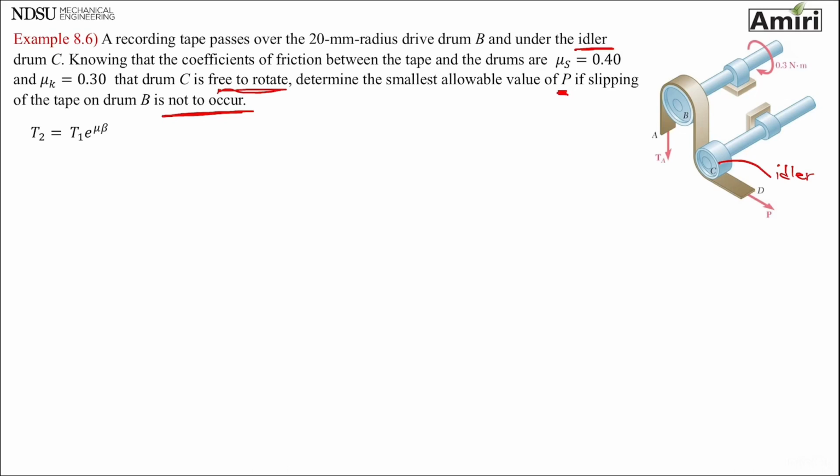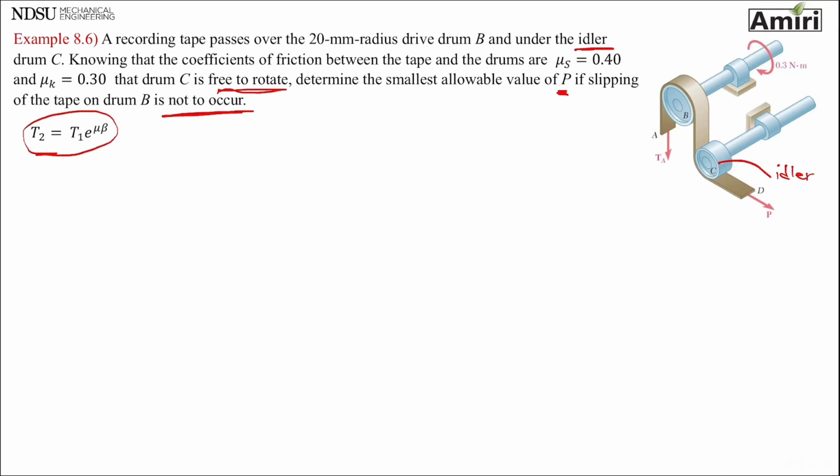This problem, as you can see, is giving us this equation, which is the equation of friction on tapes such as this one, belts, and ropes. I'm going to explain what those terms are and how to use this equation.